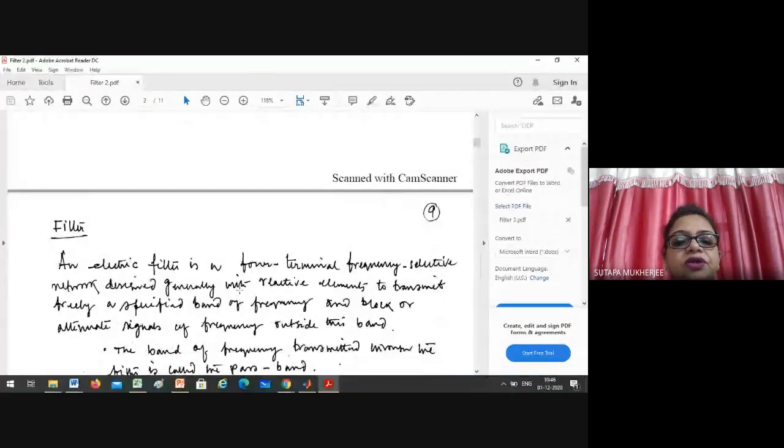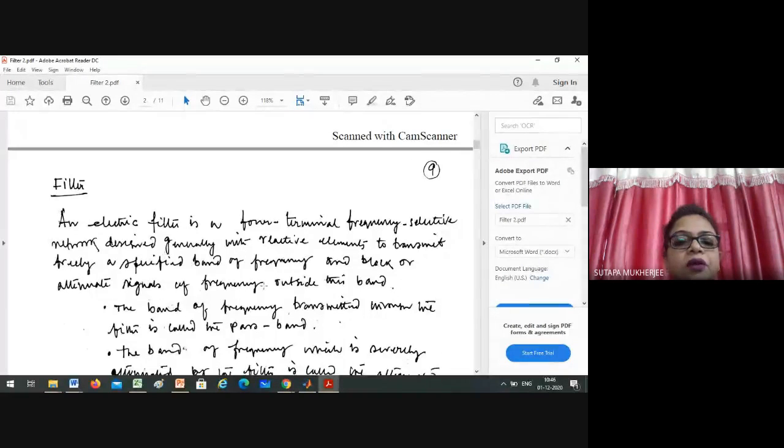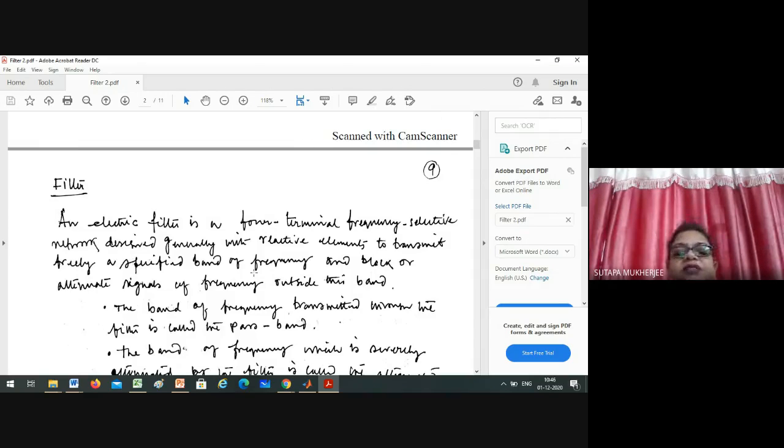Now, the definition of filter, I have told you. An electric filter is a four-terminal frequency selective network designed generally with reactive elements to transmit freely a specified band of frequency and block or attenuate signals, whatever may be outside this band.